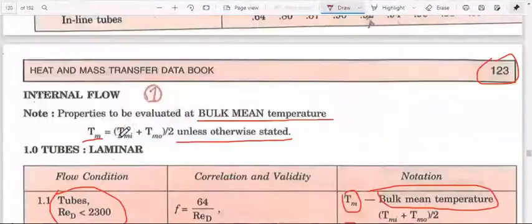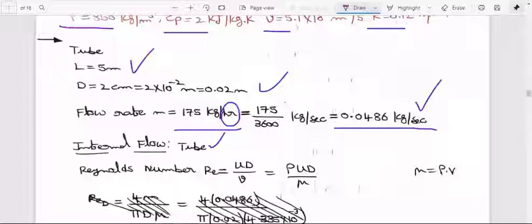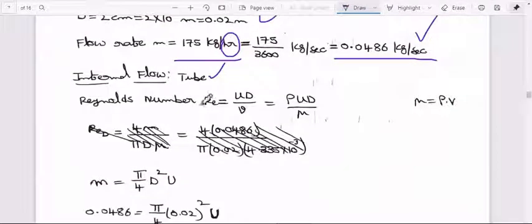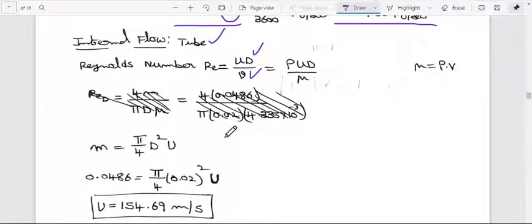So here, this is the internal flow condition, that is a tube. So directly I'm going to data book page number 123, internal flow in tubes. We need to consider whether it is laminar flow or turbulent flow. So here, the Reynolds number is equal to UD by nu. The diameter is given, the nu value is given, and the U value is not mentioned in the question. So we need to calculate it: mass flow rate m is equal to rho into pi by 4 d square into U, the cross-sectional area into uniform flow velocity.